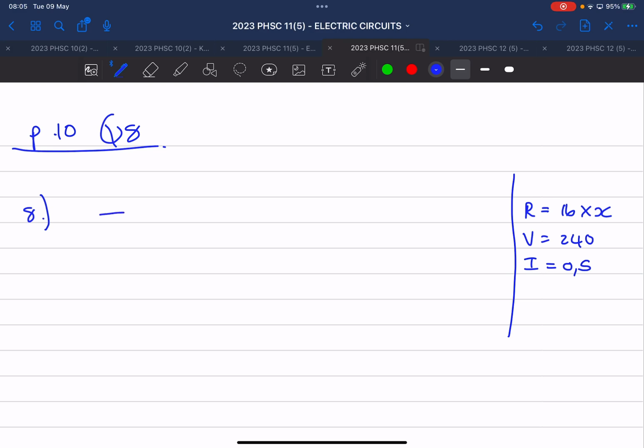So if we have, I'm not going to draw 16 now, let's say I'm going to draw 4. The terminals are the beginning and end points, and they want the potential difference for each lamp.